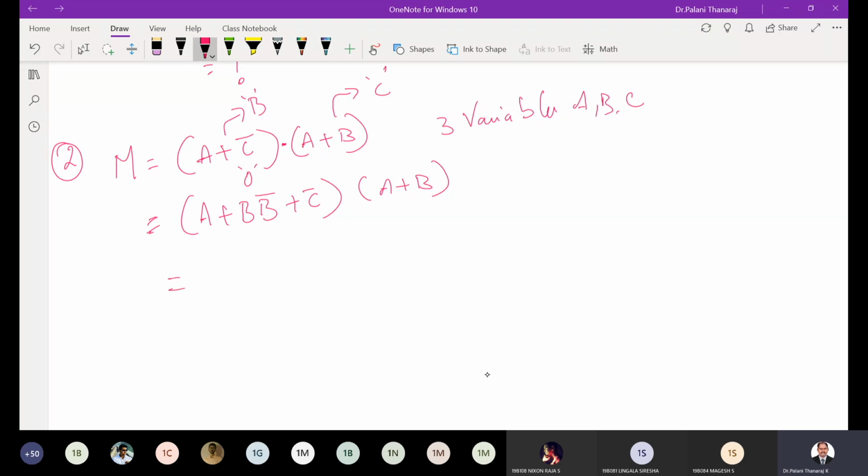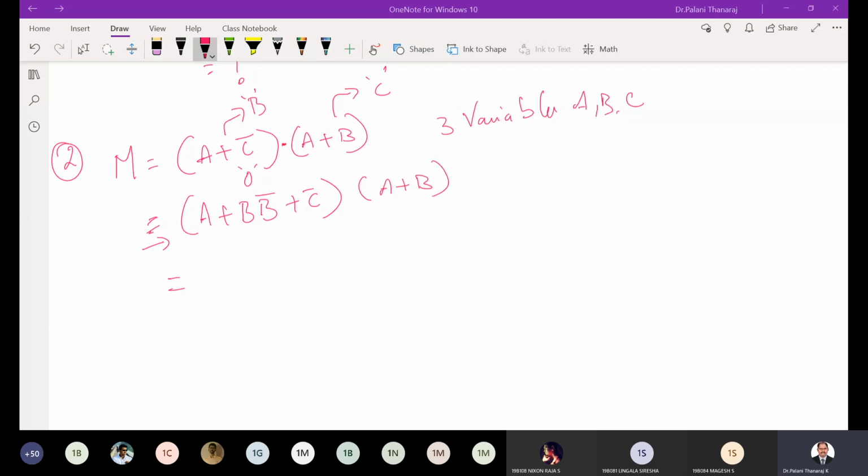So now what can we do? Tell me how I can split into factors. Again, we have to use one theorem. Because of B bar, I need to split into factors. Can anybody cite a theorem for that? I have told you in Boolean theorems how to split variables into factors.